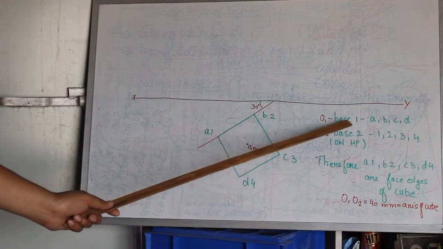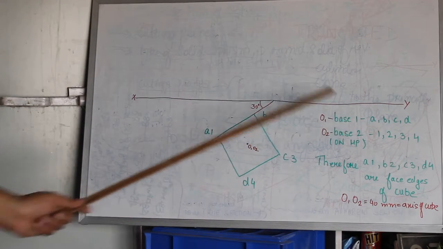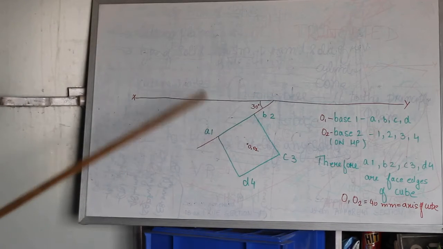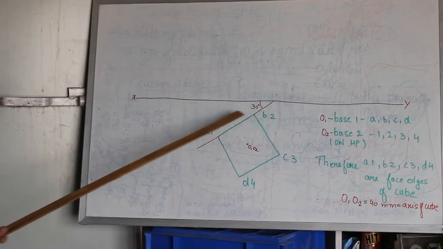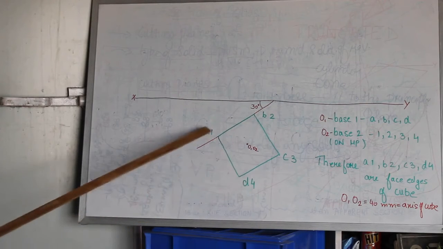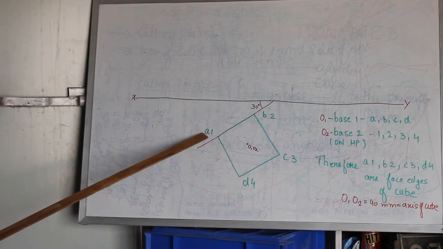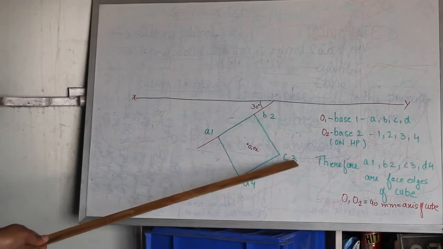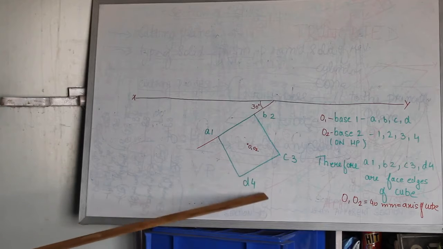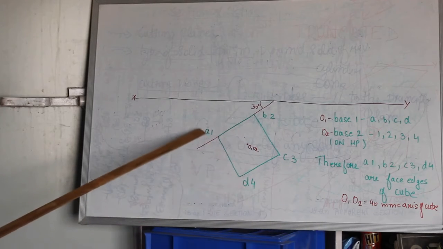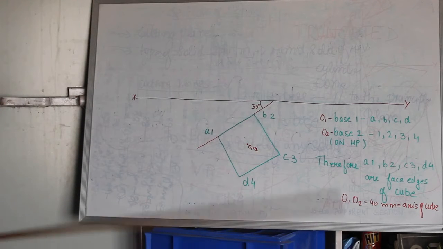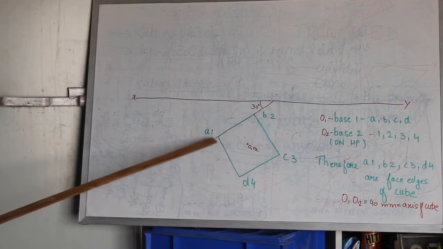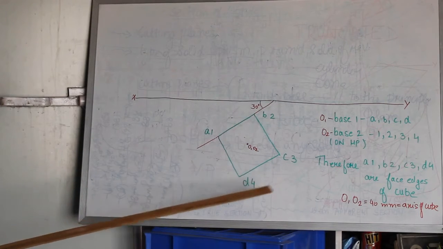Over here, base 1, which we are seeing at the first spot, is named A, B, C and D. Before 1 I have written A, before 2 I have written B, before 3 I have written C, before 4 I have written D. It means we are watching base 1 first and base 2 is lying behind base 1. So you have named base 2 with points 1, 2, 3 and 4.